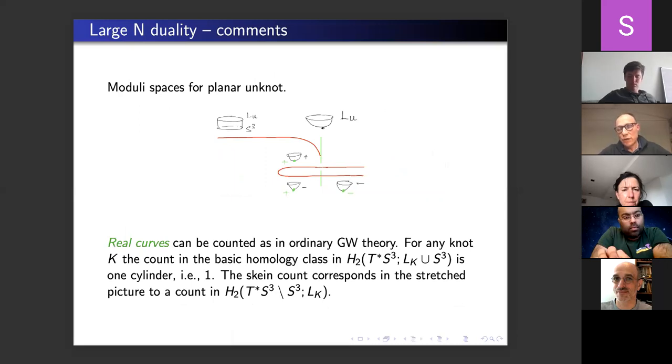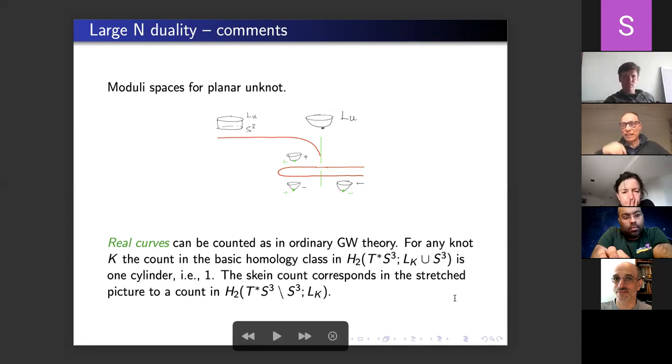In that ordinary theory, there is again this one cylinder, the one annulus, and it is counted as 1. You don't have to do any Skein, the count is 1, and it's 1 for any knot. So you can see where the difference comes from, because that count is a count where the curves are encoded in relative homology, the homology of T star S3 with boundary on LK union S3. And there is no A variable there.